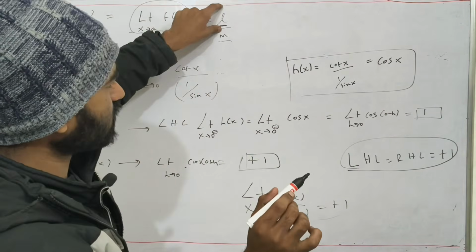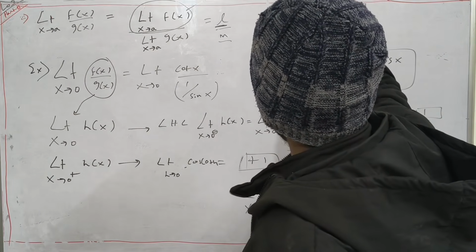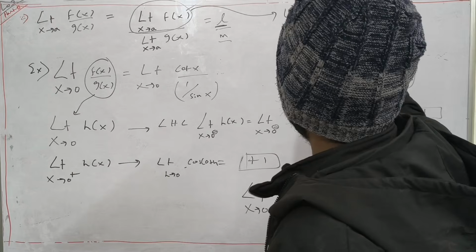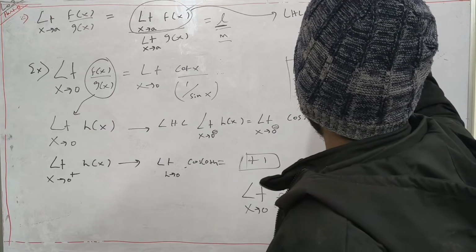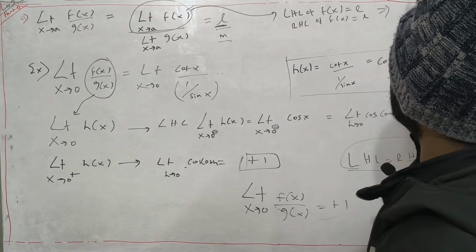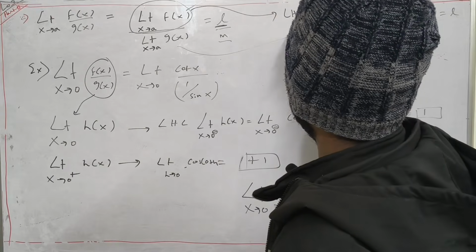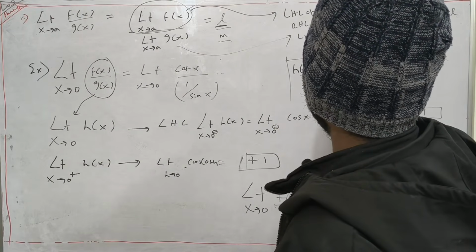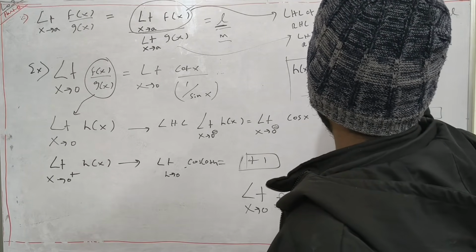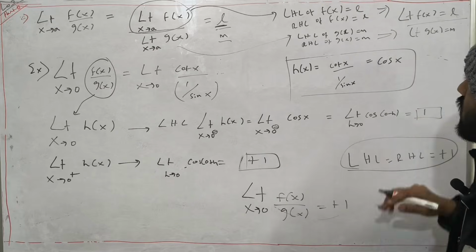Here you are getting the left hand limit of function f of x equals L, and the right hand limit of function f of x is L. So you are getting the complete limit value: limit of f of x equals L. Similarly here also, left hand limit of g of x equals M, right hand limit of g of x equals M, and we are getting limit of g of x equals M. And you are dividing these both after finding a complete limit.